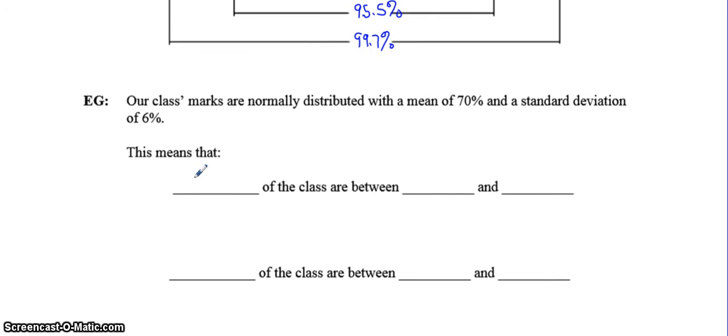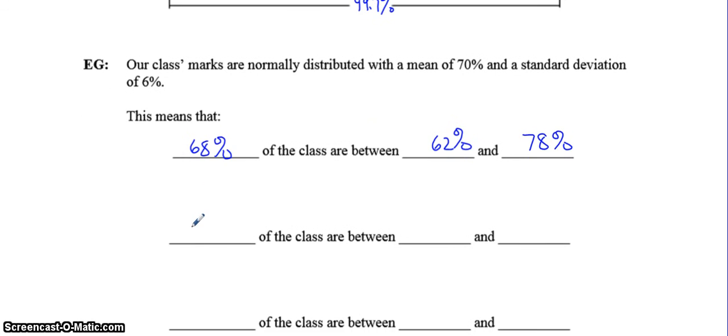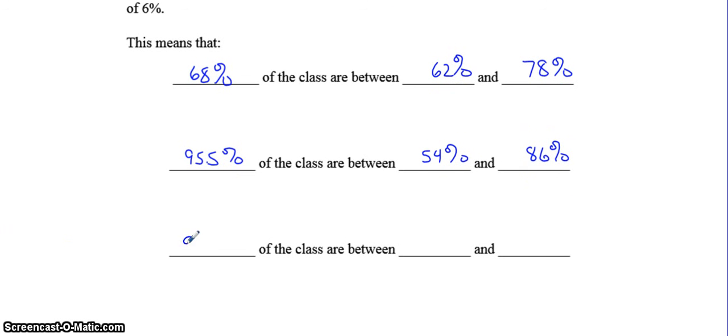So in this example, 68% of our class lies between 62 and 78. 95.5% of the class are between 54 and 86, and 99.7% of the class are between 46 and 94.